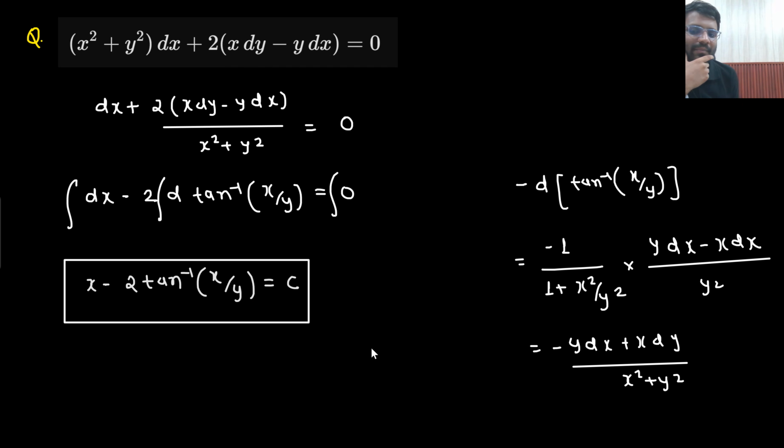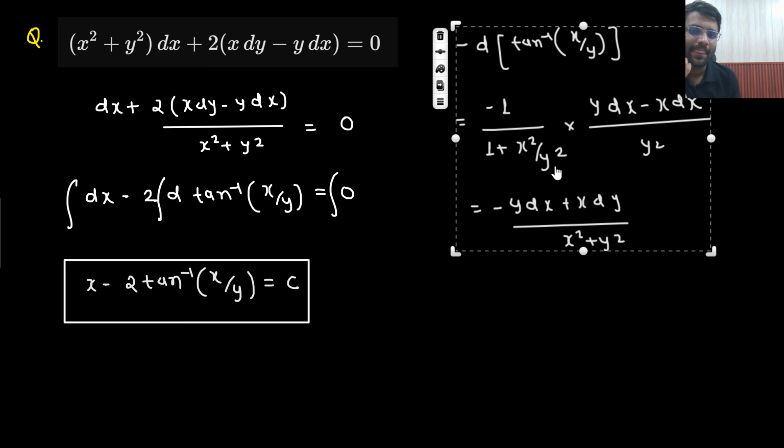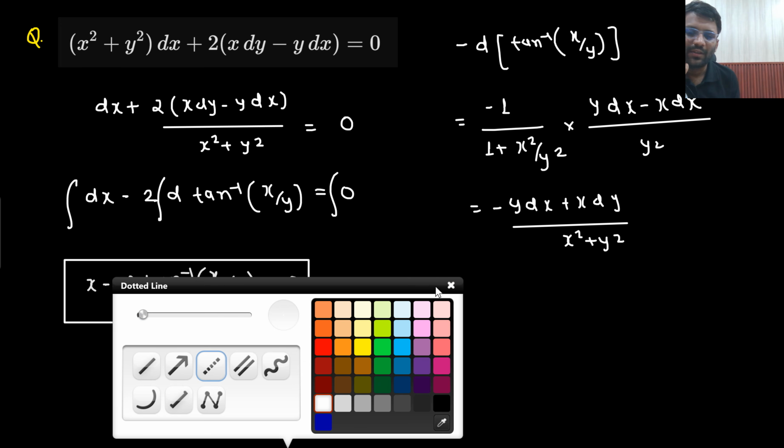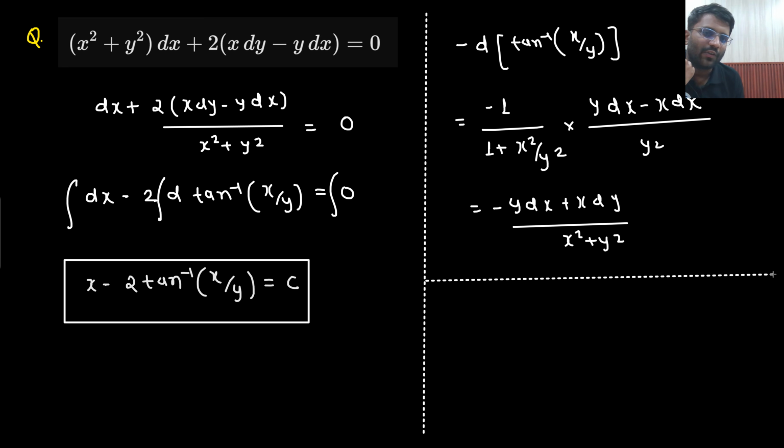Now some guy would be thinking, sir, I got a different answer. What would he have got? He would have directly thought of d of tan inverse y by x.